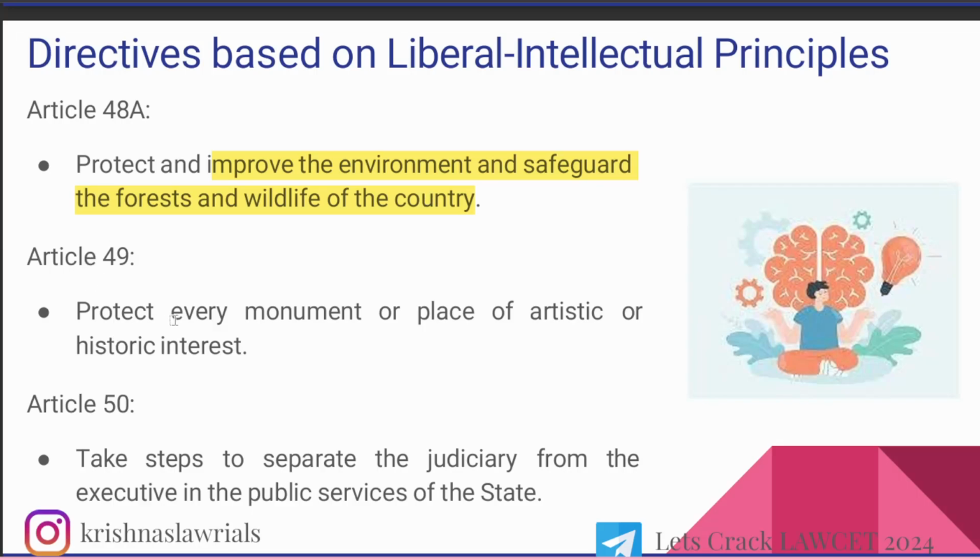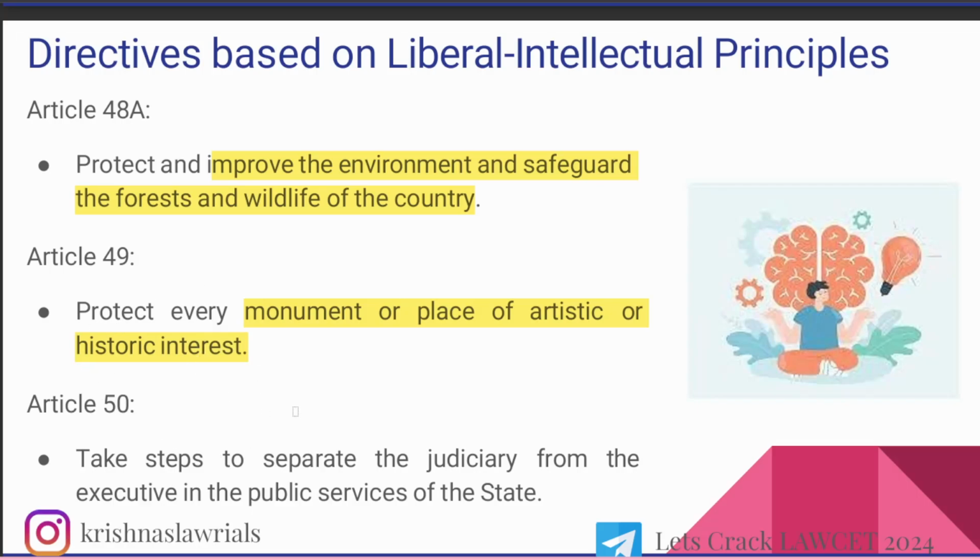Under Article 49, it says protect every monument and place of artistic and historic interest. You know, right? Around the Taj Mahal, within some meters, no particular vehicle should be around it because we are saving that particular monument, and it is considered one of the wonders of our world.